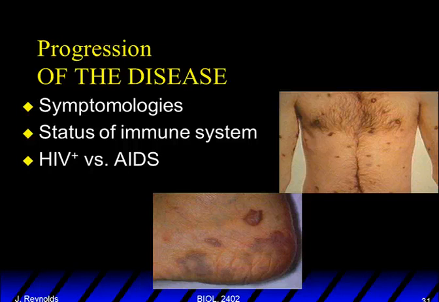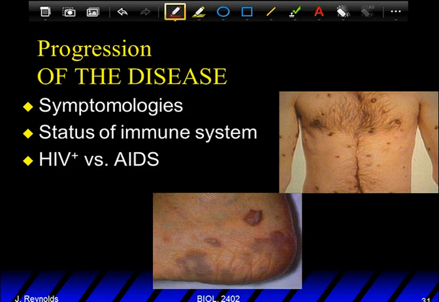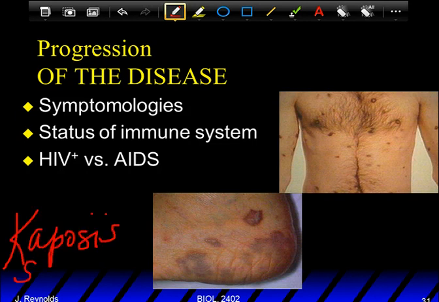Another thing that these people get is cancers, because cellular immunity surveys for cancer cells and gets rid of them. So these two pictures have a type of cancer called Kaposi's sarcoma. It's a type of connective tissue cancer.